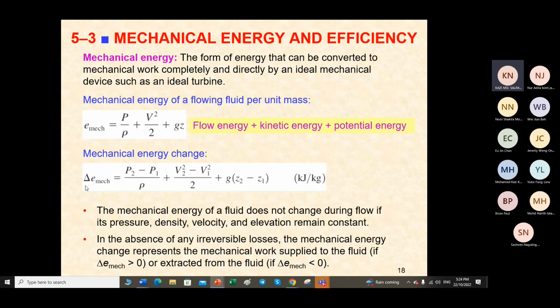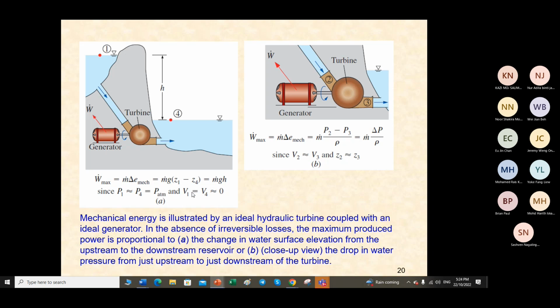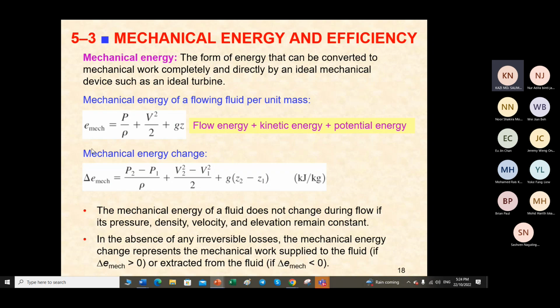Yes, this is the change of mechanical energy between two points.